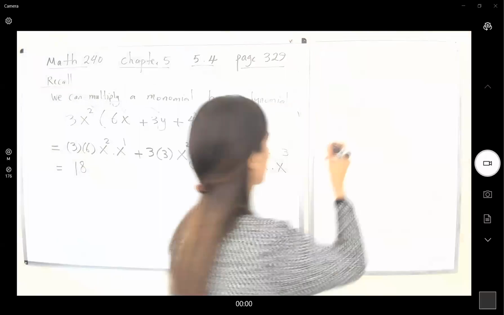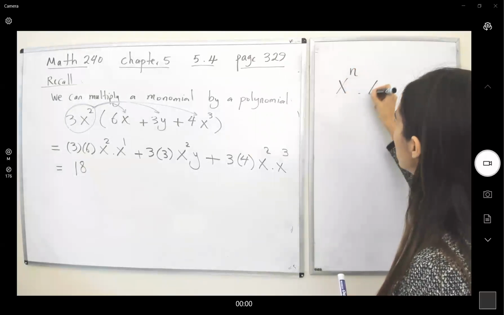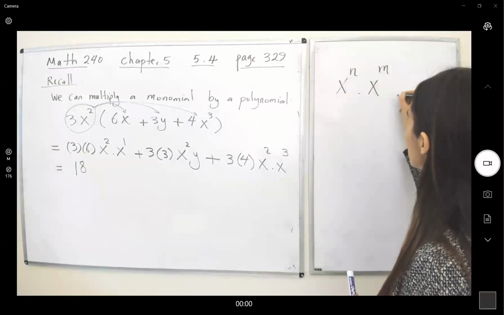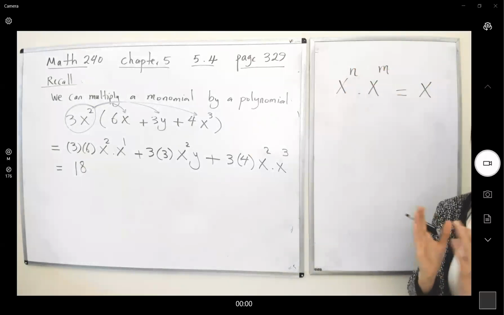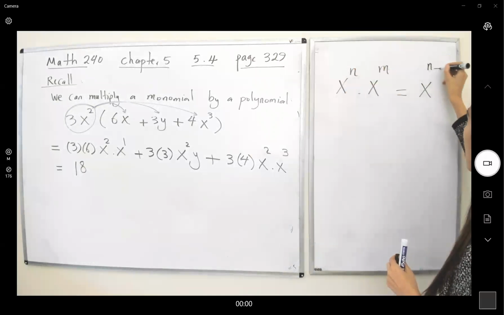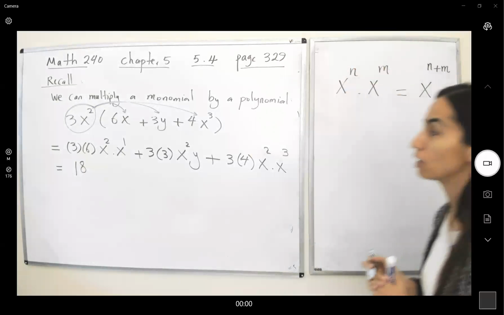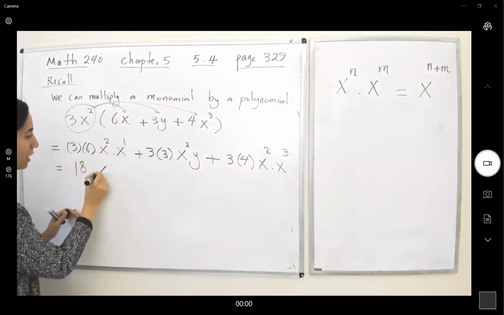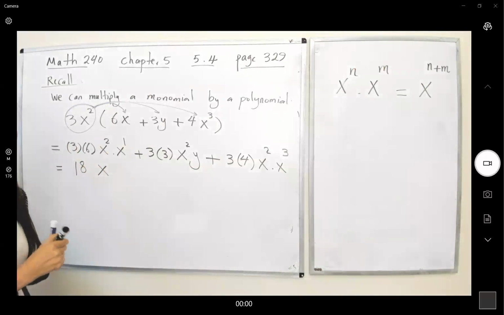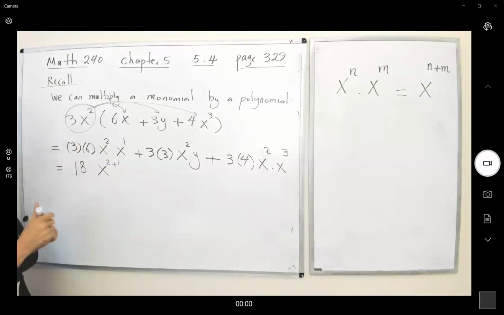Recall that if you have x raised to n times x raised to m, you can write one base and actually add the exponents, add the powers, n plus m. Very well. You write one base, x, and you add the exponents, 2 plus 1.